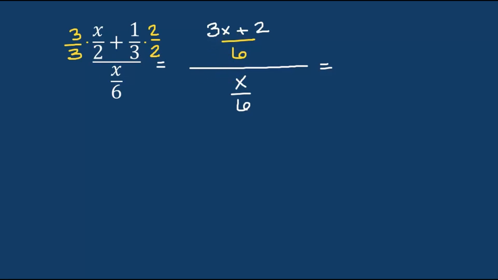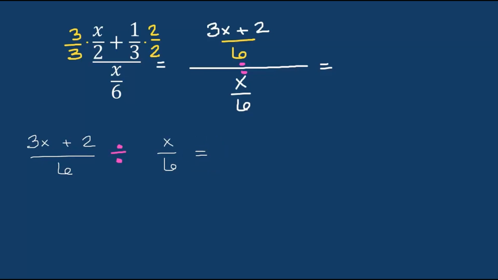Now I'm ready to convert it to division. Remember, what we're going to do is just think about this fraction sign, the big one, as a division sign. And we're going to rewrite our two fractions. So we have 3x plus 2 over 6 divided by x over 6.